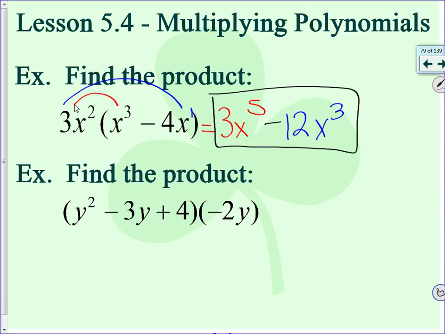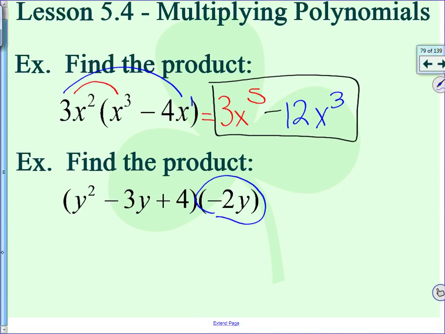Now with this next example, it says find the product. Again, we're going to multiply. But do you notice what you're multiplying? I have a trinomial here, a quadratic trinomial. And it's being multiplied by a monomial out here. When I do the multiplication, I hate to see the monomial at the back. My brain doesn't like processing it like that.